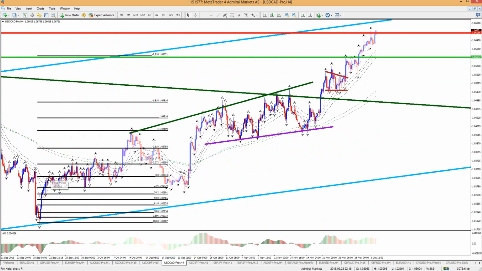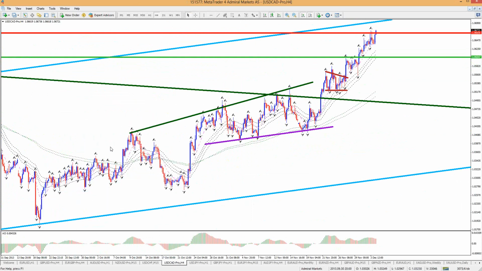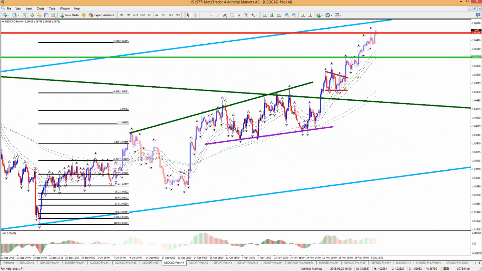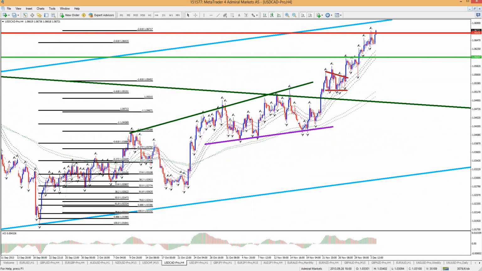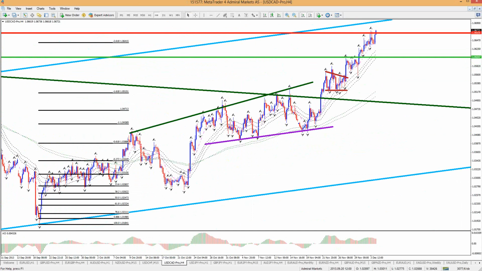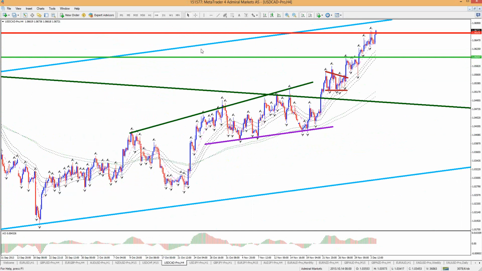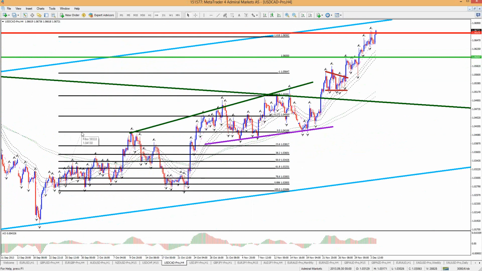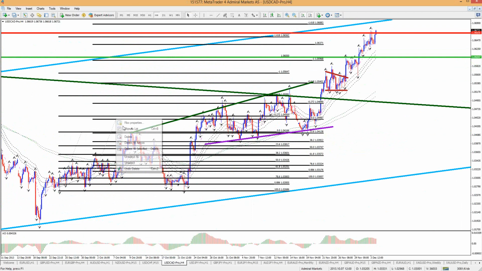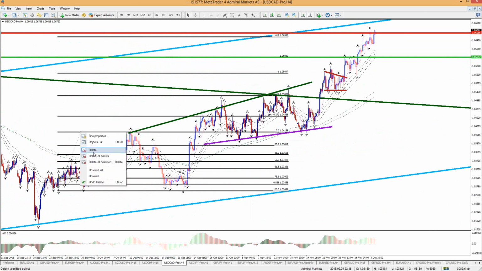Sorry, something is wrong with these fibs. One second. Huh. Every time I want to move them, they get duplicated, which is funny. Yeah, that's weird. Does anyone know the answer to that? Why that happens?